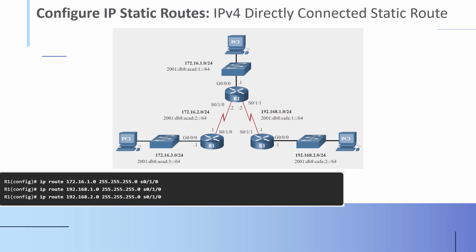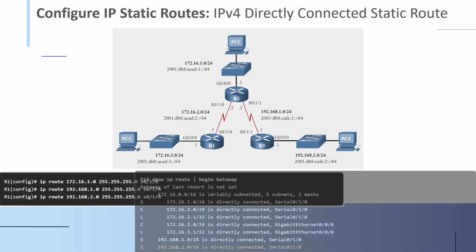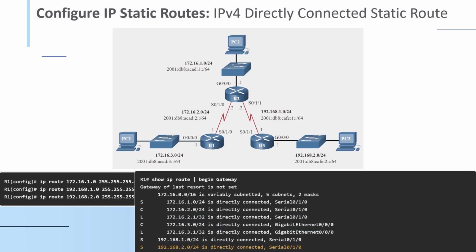And here, if we use the show IP route, we are able to see the static routes that are configured in this network by using the directly connected static route command, where we use the interface that we need to forward the packet.